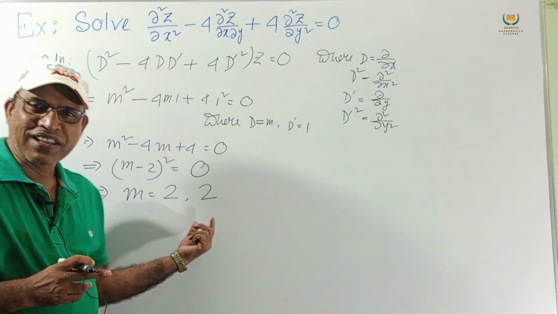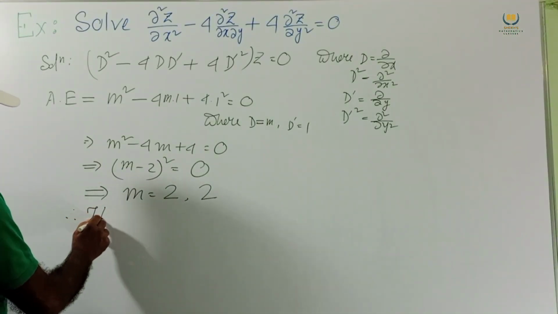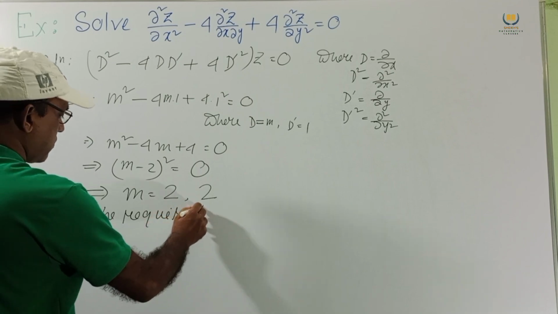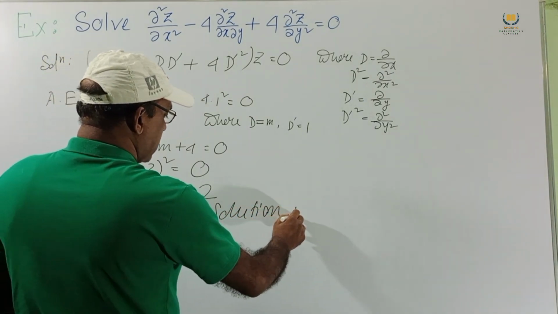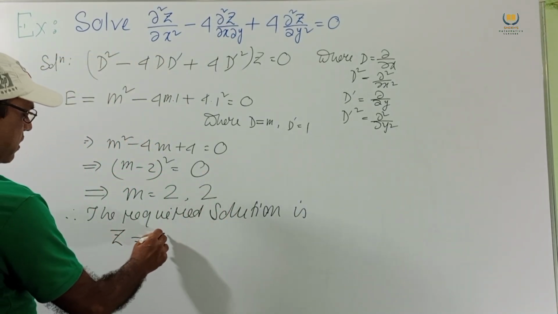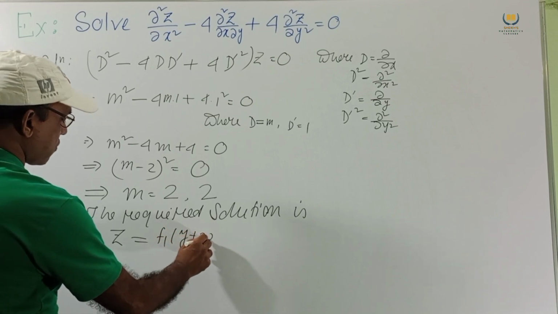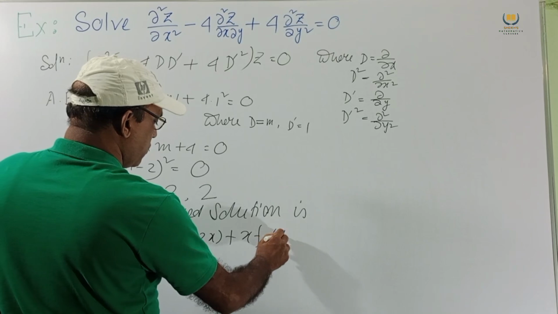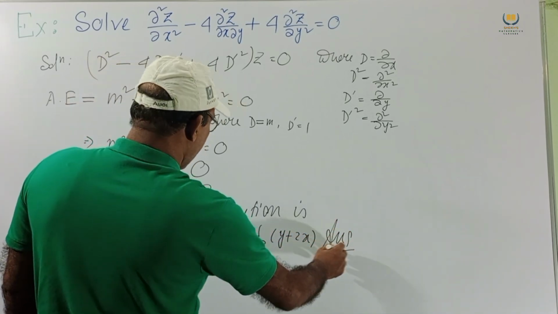The roots are equal, therefore the required solution is z = f1(y + 2x) + x f2(y + 2x).